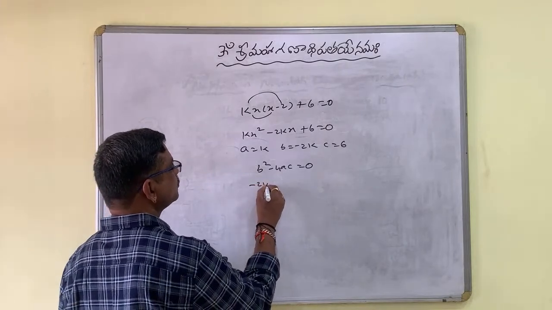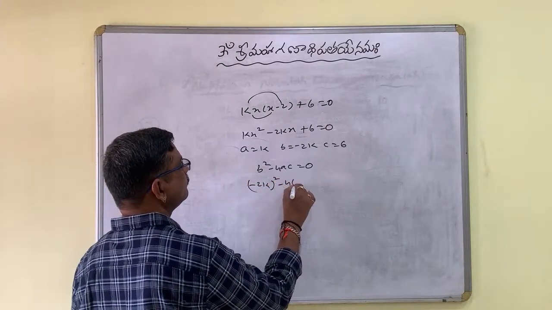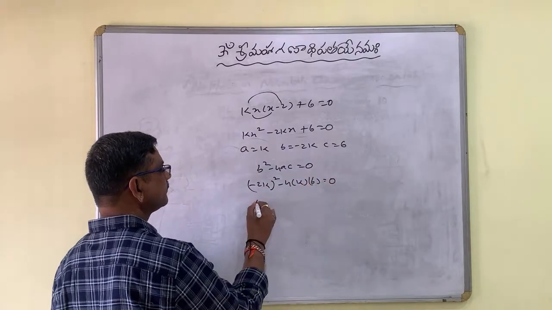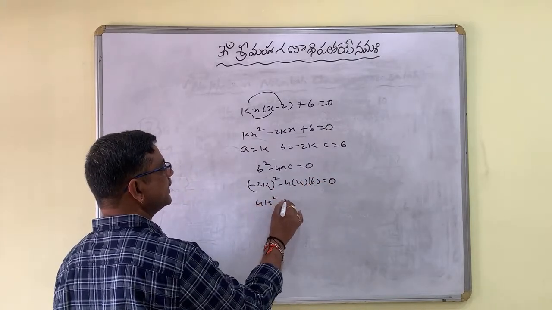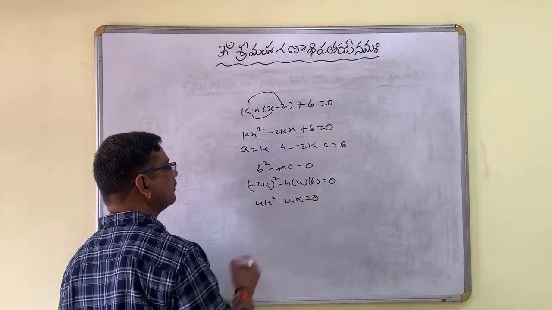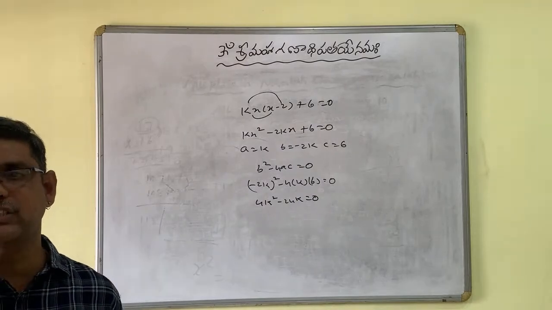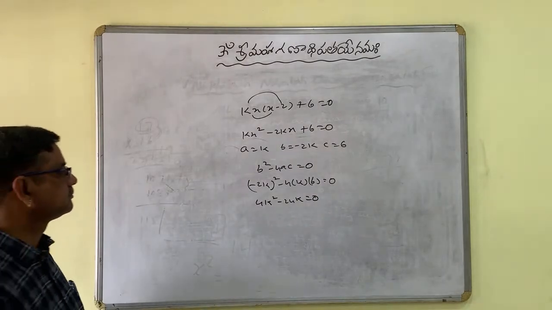That means minus 2k whole square minus 4 into k into 6 is equal to 0. 4k square minus 24k is equal to 0.